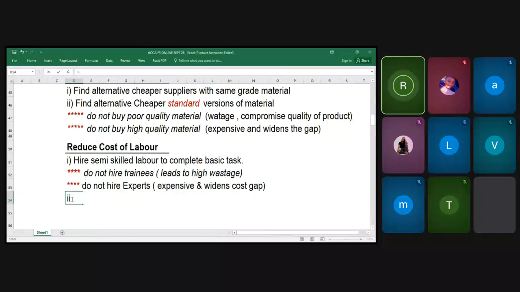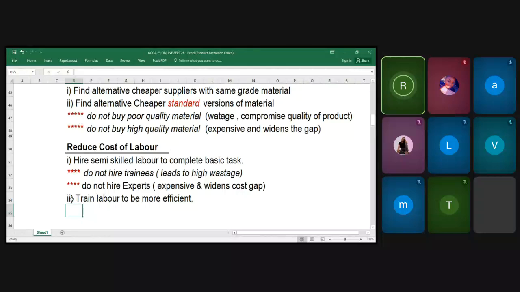Right. Number two is train labor to be more efficient. So if labor is more efficient, it means that we are now able to produce faster, more items per hour, and with less wastage.